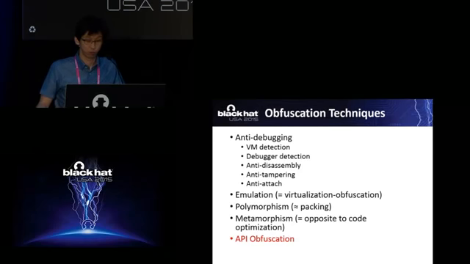And they use polymorphism and metamorphism, that is the opposite of code optimization. They lengthen the trace by inserting garbage instructions and API obfuscation. Today's talk focuses on API obfuscation.